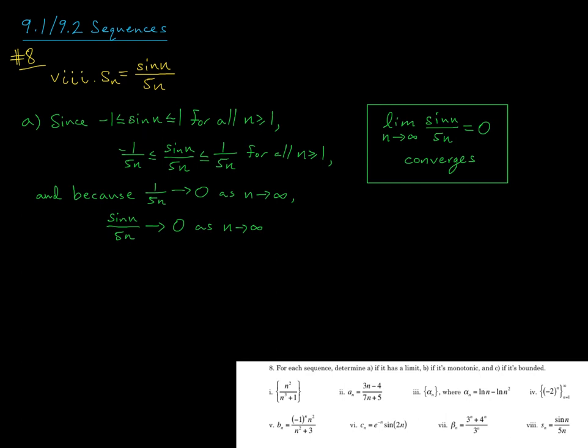If I multiply each one of these by 1 over 5n, I get that the sine of n all over 5n is greater than or equal to -1 over 5n and less than or equal to positive 1 over 5n. Since 1 over 5n goes to 0 and the terms of our sequence are squeezed between these two things, both going to 0, our sequence must also converge to 0.